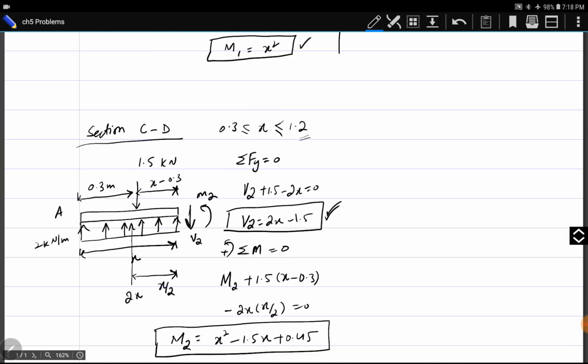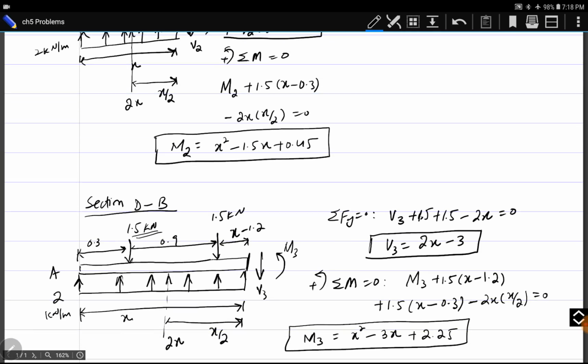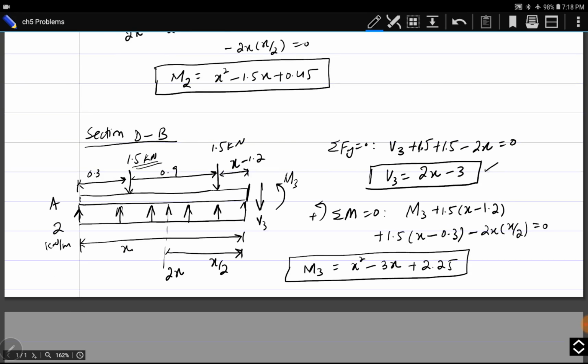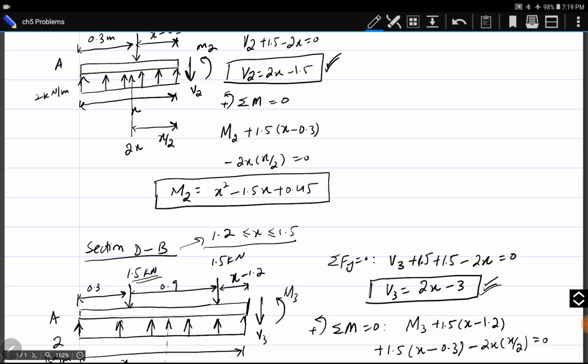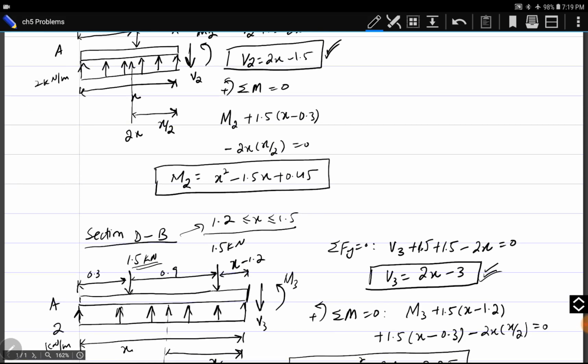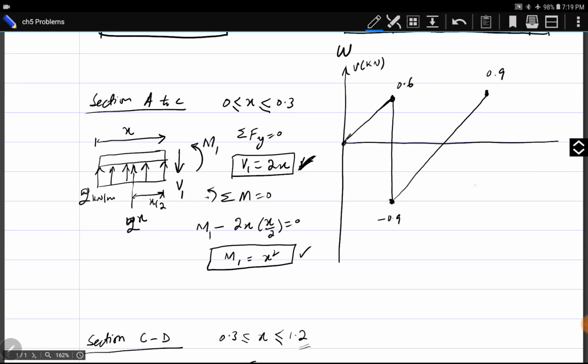Again, in this last expression, when x is between 1.2 and 1.5, when we put x equal to 1.2, V becomes minus 0.6.